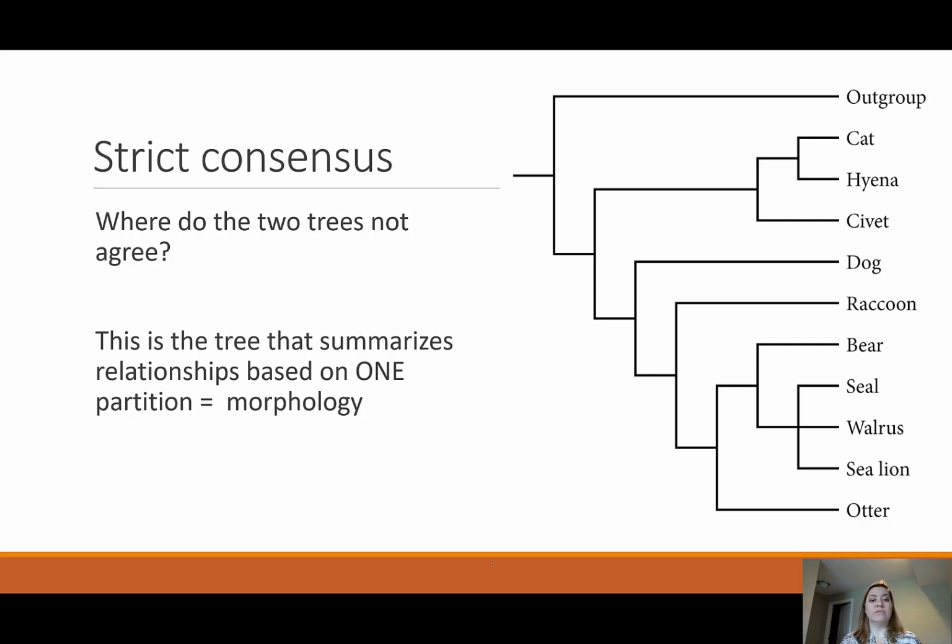All right, so this is the tree that summarizes the relationships based on one partition. So a strict consensus is what we are going to use to combine our morphological data. There is pretty good agreement except for that one clade. So this is the tree that we are accepting for our morphological partition. All right.